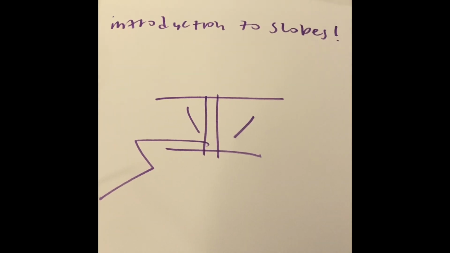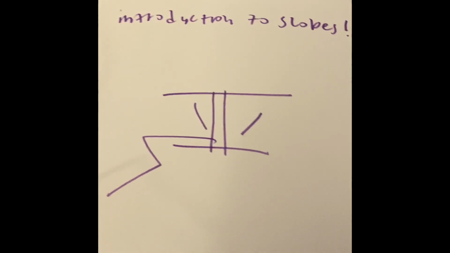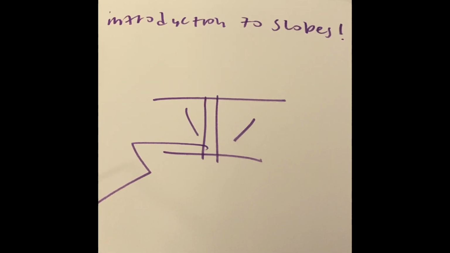That is exactly what a slope is, a simple line on a graph.